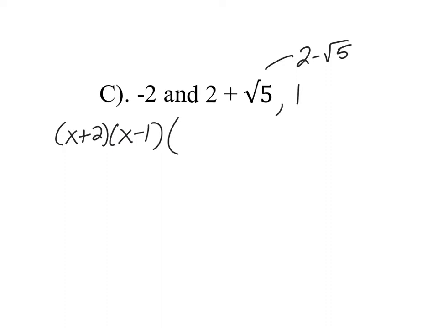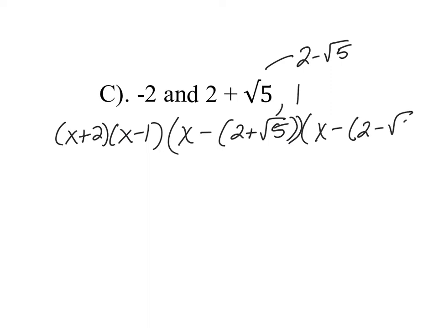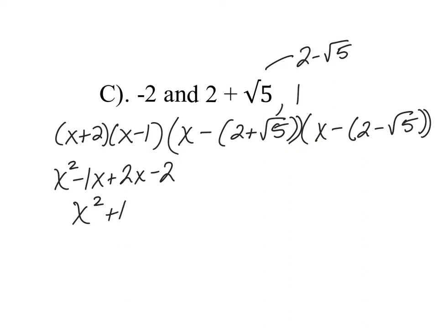Then you're going to do your irrationals. So x minus 2 plus the square root of 5. Then you're going to have x minus the quantity 2 minus the square root of 5. So x squared minus 1x plus 2x minus 2, which is x squared plus 1x minus 2.